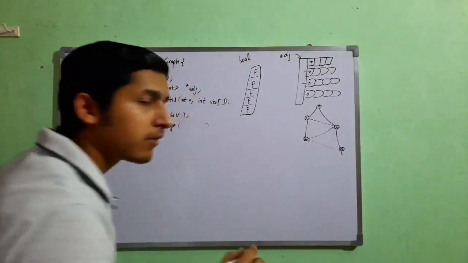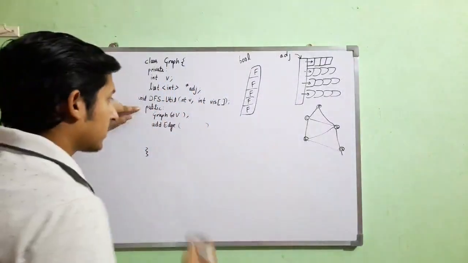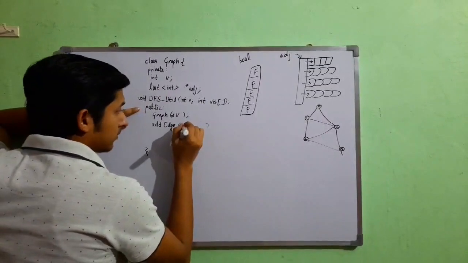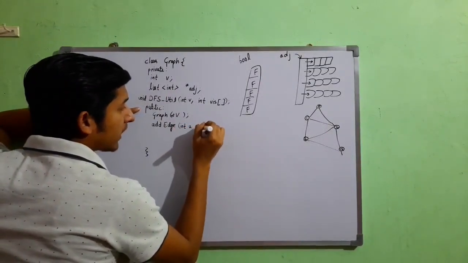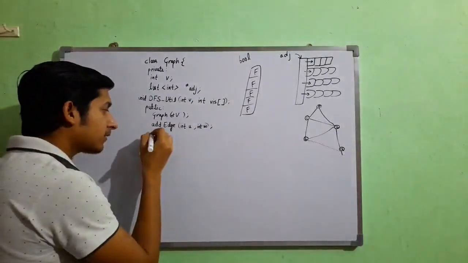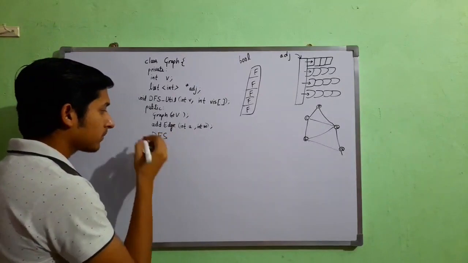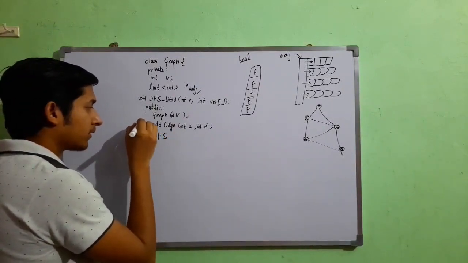which takes the node from which we are connecting and the second node to which we are connecting. So int u, int w. So just this. And third, dfs function. So void again, and void here as well.